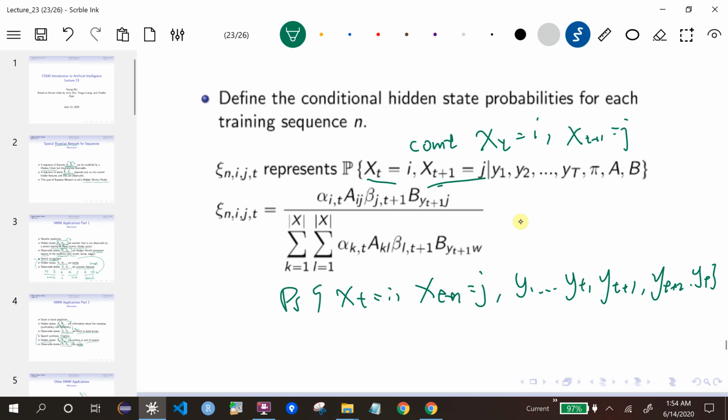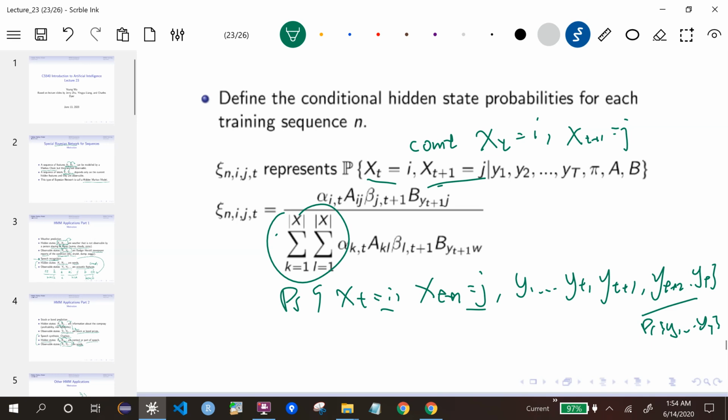That probability is divided by, again, summing over all the possible values of x_t equals i and xt+1 equals j. I'm not going to rewrite that, but basically that's the probability of observing those y's. So it's just a normalization factor.